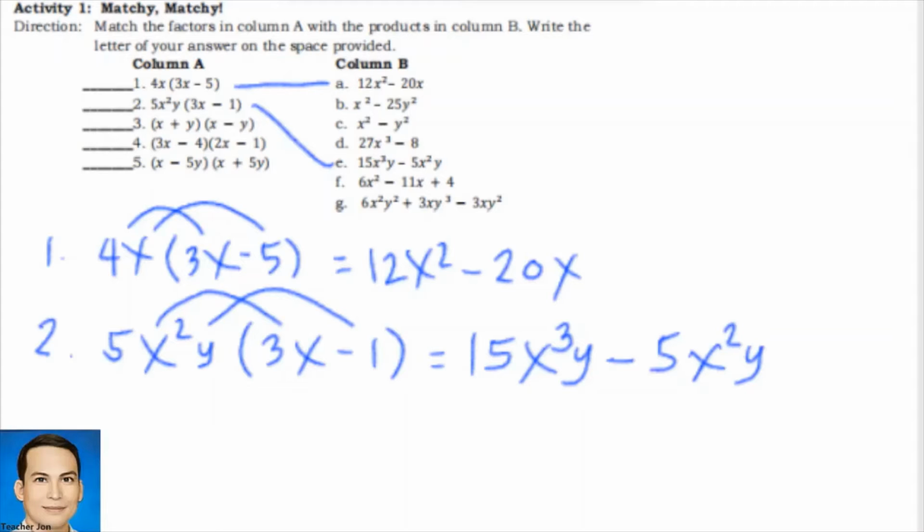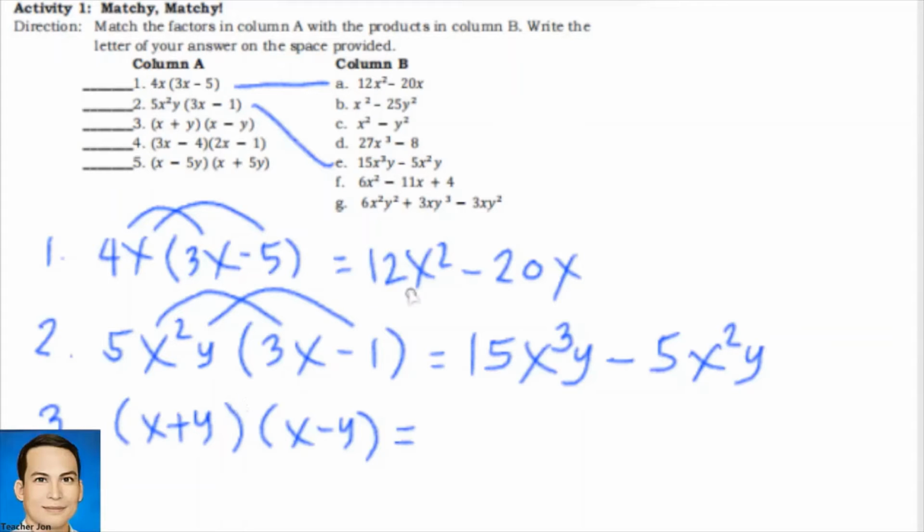Now for number 3, as you can see, you have here binomial to binomial. So the quantity x plus y multiplied to the quantity, which is another binomial, x minus y. So this time, the distributive property can be called as FOIL method.